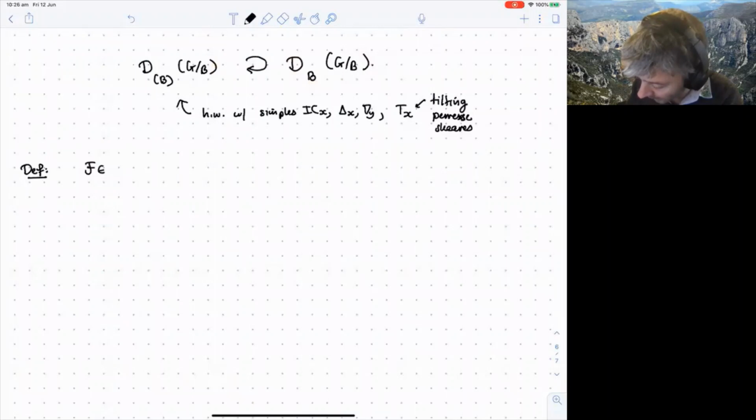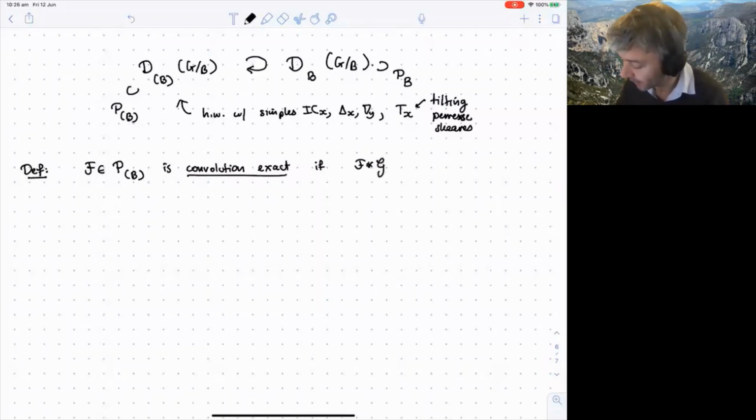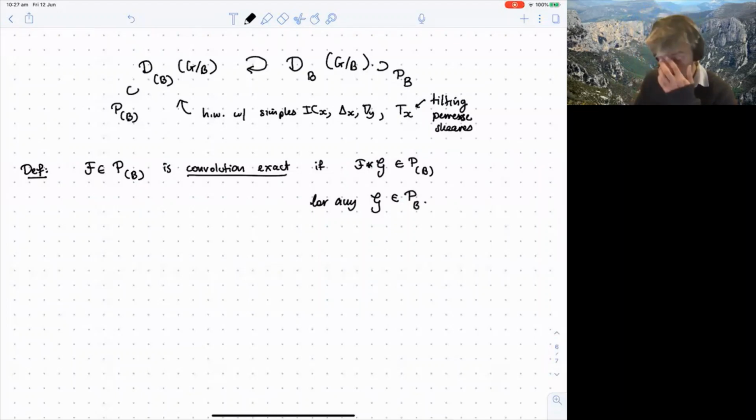So inside P_B, the constructible perverse sheaves, and here we have ordinary perverse sheaves, we say F is convolution exact if we act on it by any G-equivariant perverse sheaf and the result is in P_B.